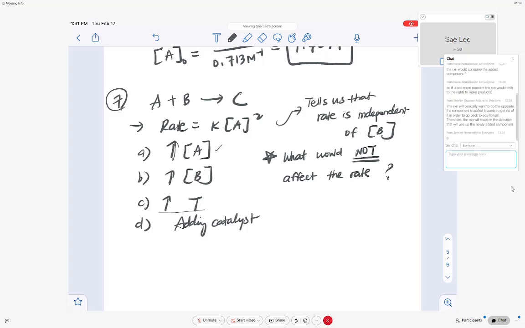If you increase the temperature, it will also increase the rate. Adding a catalyst lowers the activation energy, so it will increase the rate. The only factor that will not affect the reaction rate is the concentration of B, because the rate is 0 order in B. The rate is independent of the concentration of B.